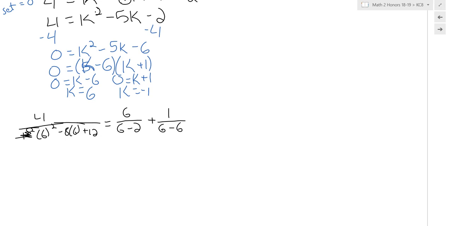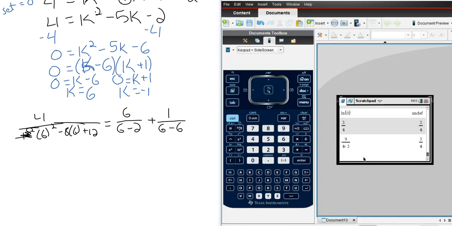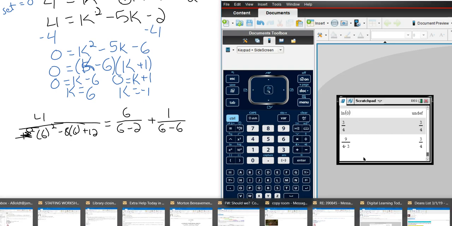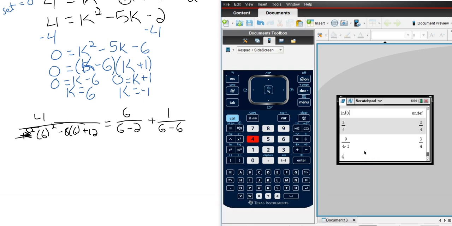When you type in the first side, I'm going to do this one real quick. We have 4 divided by, I'm going to put this whole thing in parentheses. And then I'll put 6 squared minus 8 times 6 plus 12.